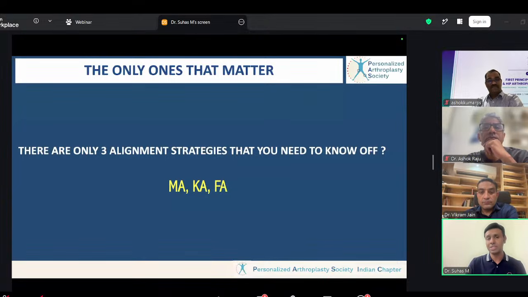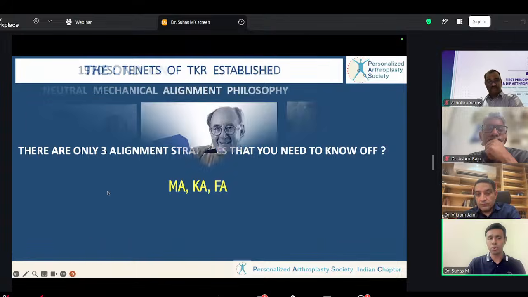And if you do these 3 alignment strategies, you will be able to do 100% of your knees. So hence, we will only concentrate on these 3, and the rest of the strategies are actually an amalgamation or an offshoot of these 3 fundamental philosophies that I'm going to talk about.